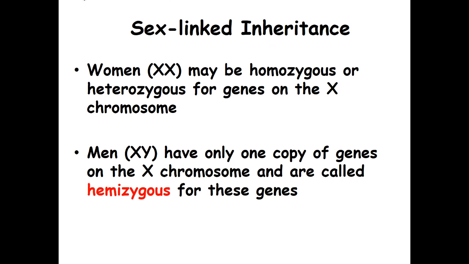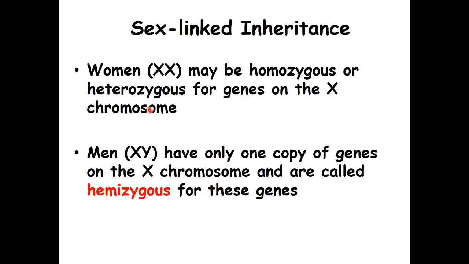What I mean by that is that the genetic characteristic that we are tracking is linked to sex, whether male or female, okay? So here's a quick rundown. Females have two X's, so we can be homozygous or heterozygous for any genes that are carried on the X chromosome.